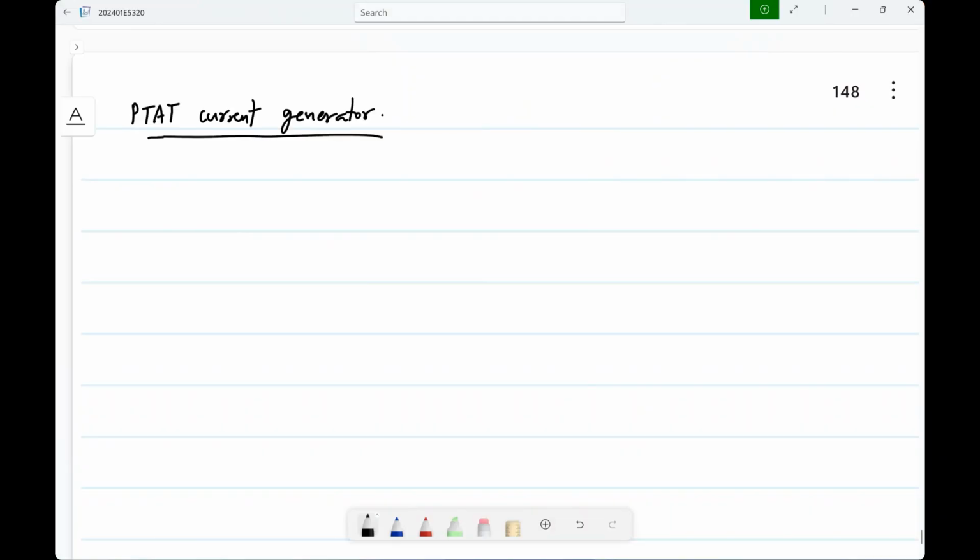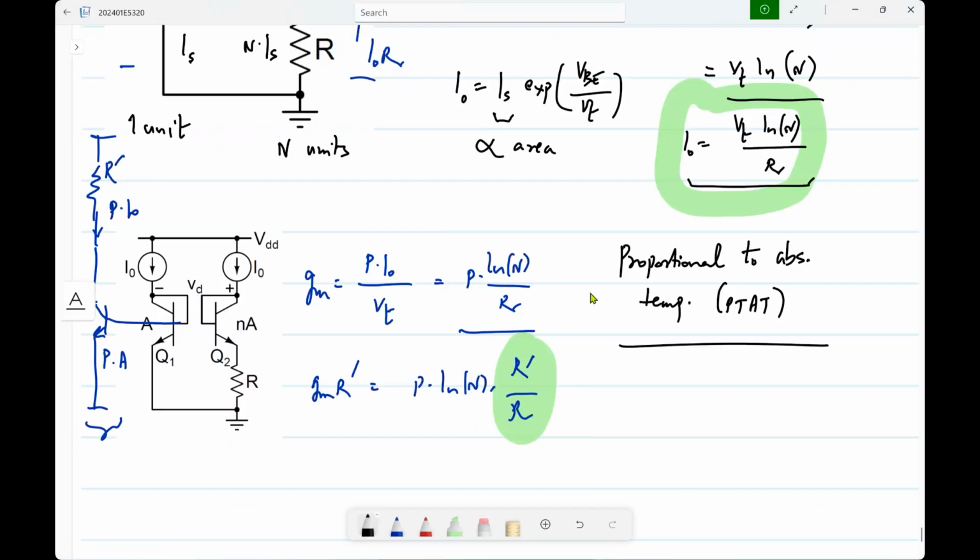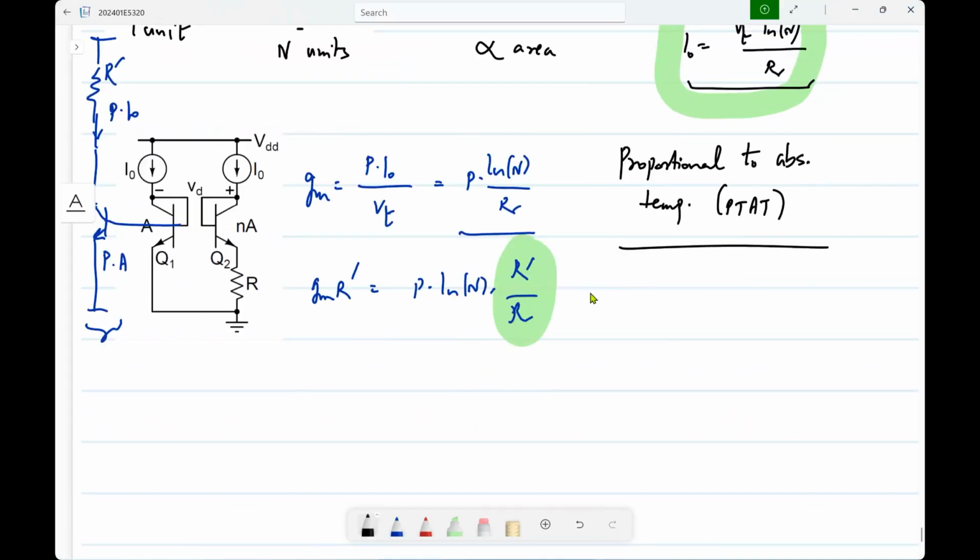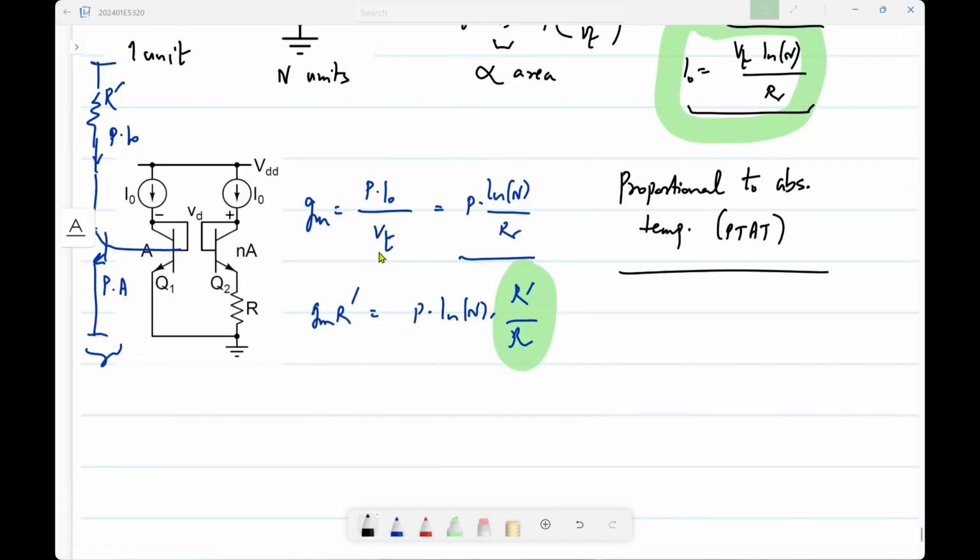By the way, the same assignment also had another problem, which of course looks very similar. In fact, it's the same circuit but with MOS transistors. Okay. If the MOS transistor is in weak inversion, it's the same as bipolar transistor, right? There is no difference.